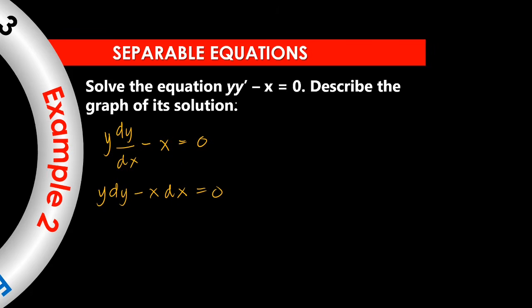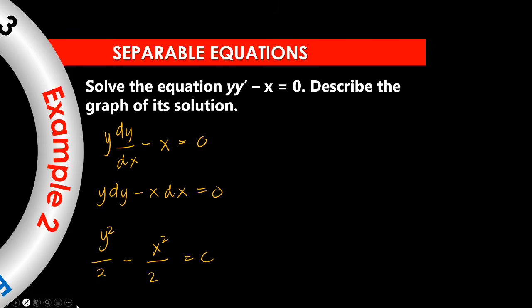Okay, you can go directly from here to there. And since the variables are now separated, we can now integrate. Integrating both sides, we will get y squared over 2 minus x squared over 2 equals c.